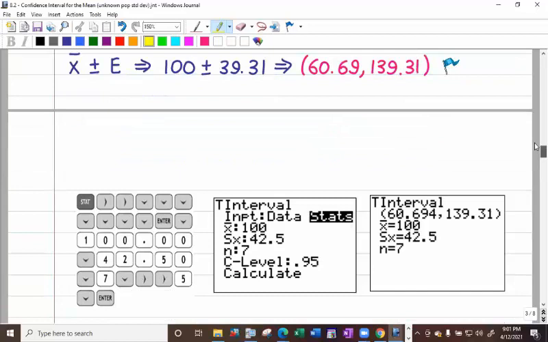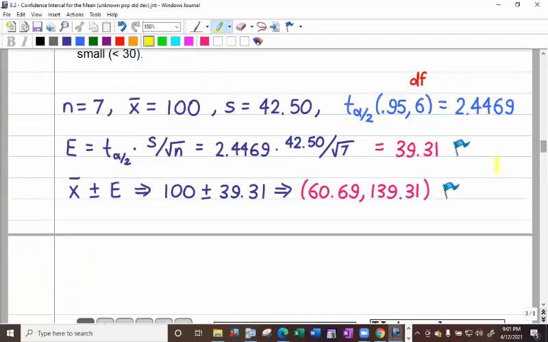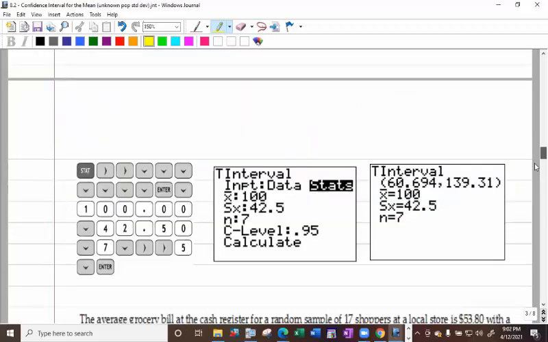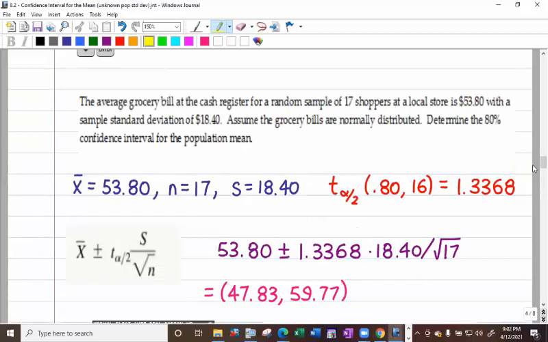Another reason I was mentioning that the answer would be significantly different: if this had been a problem involving the last section with z's, that 2.4469 would have been 1.96, because that would have been the 95% level for z. So you see that throws it way off right there. I'm going to go back to that chart for a second. I only have one page of the chart, but anyway.